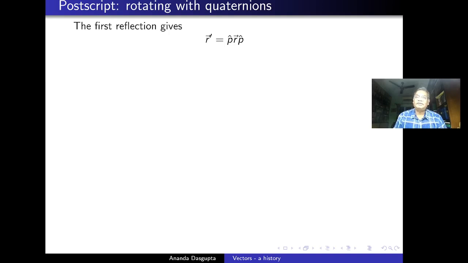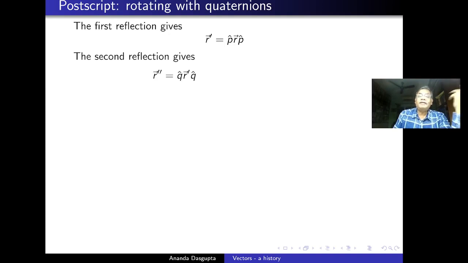The first reflection takes r to r prime, where r prime is simply p hat r p hat. Remember, that's what reflection in a plane normal to a vector does. If the vector is n hat, the reflected vector becomes n hat r n hat. Well, the second reflection would be through a plane normal to q. So r double prime, the result of the second reflection, would be q r prime q.